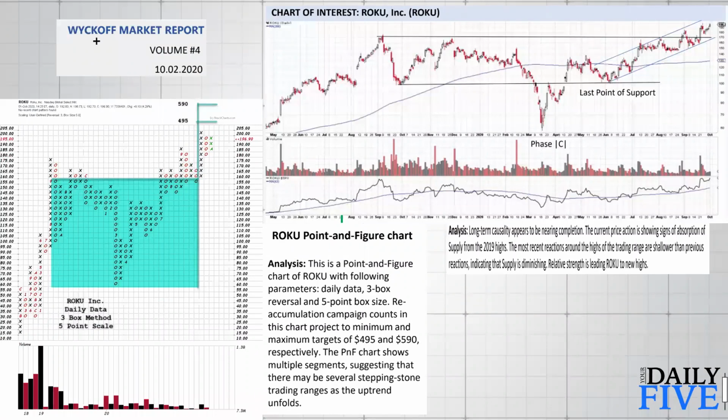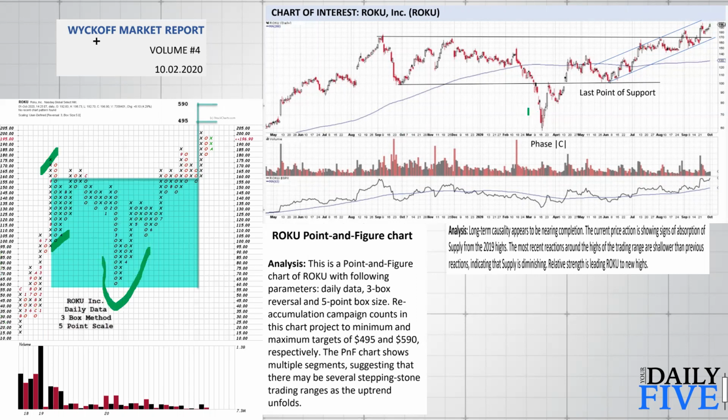And then with the time we have left, let's look at ROKU. ROKU is a stock that was profiled on October 2nd as a Wyckoffian characteristic stock. There is a deep look at this reaccumulation after a climactic surge and an automatic reaction here and here, and then a spring or shakeout type structure here.